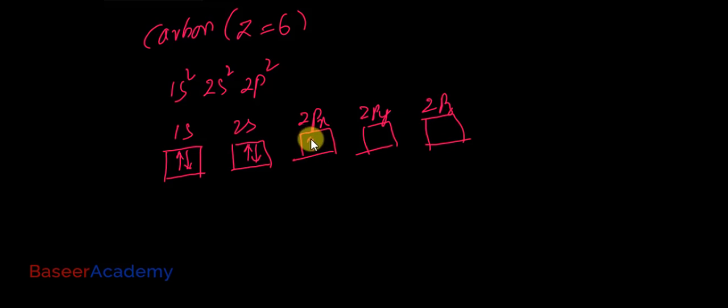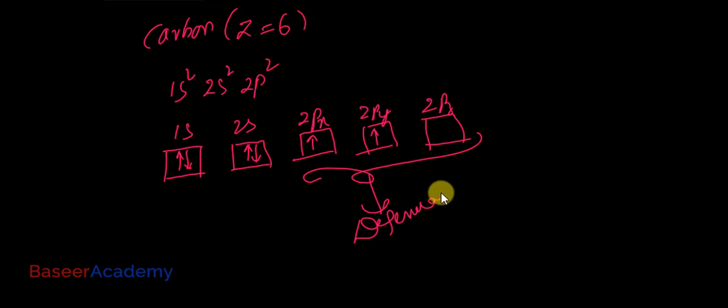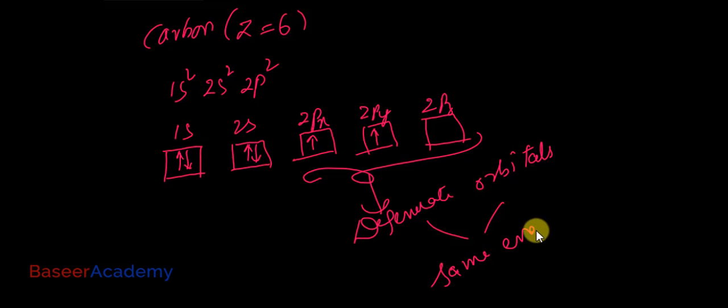Let us say the first electron goes into 2px orbital. The second electron cannot get paired here. It goes into 2py or 2pz. Why? Because these are known as degenerate orbitals. Orbitals which have almost same energy are known as degenerate orbitals.